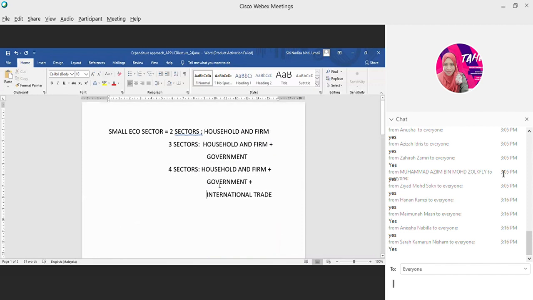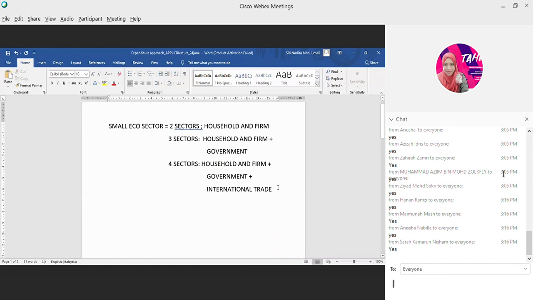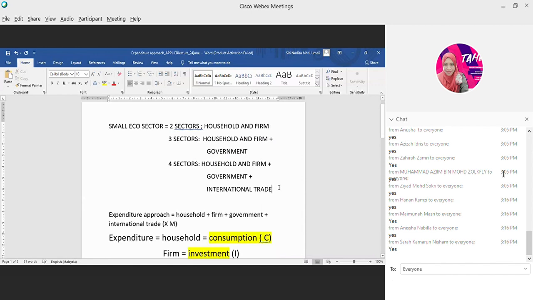Each of these sectors has its own expenditure. Household has its own expenditure, firm also, government, and also international trade. When we talk about the expenditure approach, we are calculating GDP using expenditure.